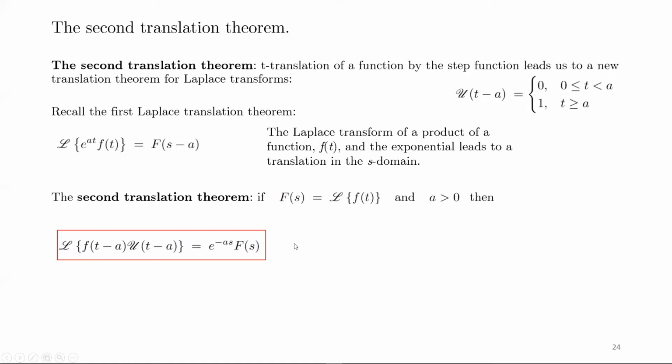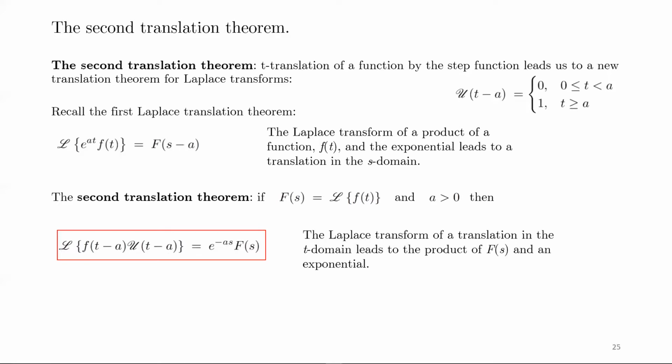So this is a translation in the t domain. The first translation theorem was a translation in the s domain. The second is a translation in the t domain. And you'll notice it results in exponentials in both cases. The first translation theorem had an exponential in the t domain. The second translation theorem has an exponential in the s domain.